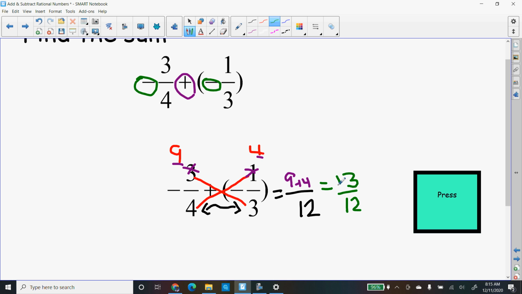So my answer would be 13 over 12, but now I have to put back that sign, which is 13 over 12, which is 1 1/12, sorry. So now I got to deal with these signs. I have a negative plus another negative, or when the signs are the same, the answer is negative. So my answer is going to be negative 1 and 1/12.